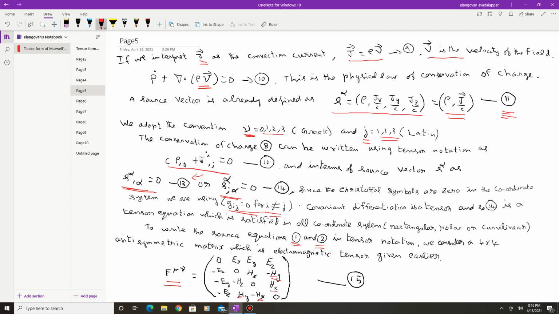So this is how to get this expression that we already discussed. So the electromagnetic field tensor can be arrived at. That was discussed earlier. So from the result, you take this electromagnetic field tensor F^mu nu, which is equation 15.